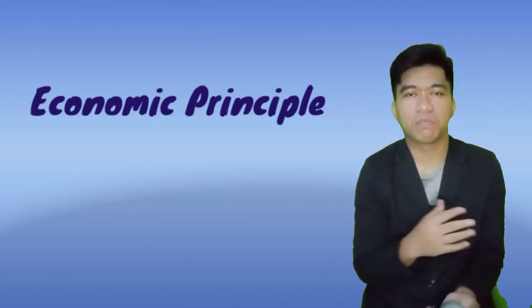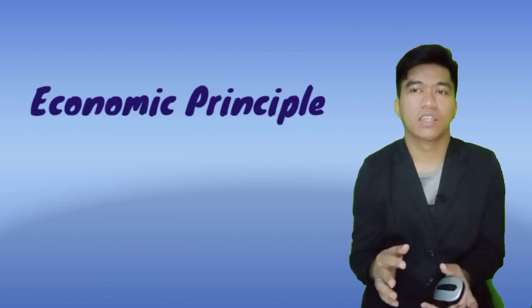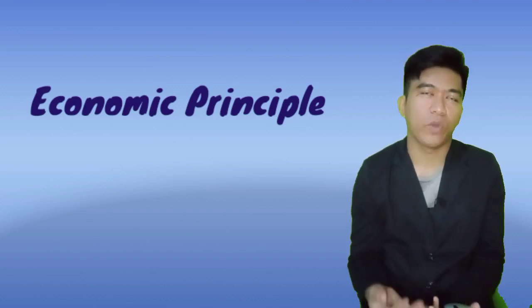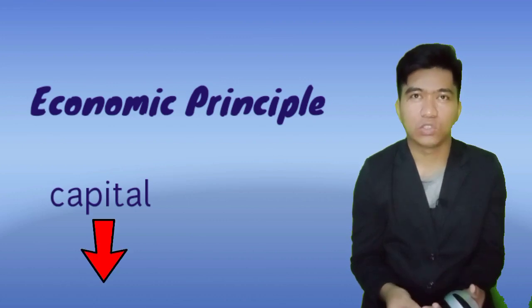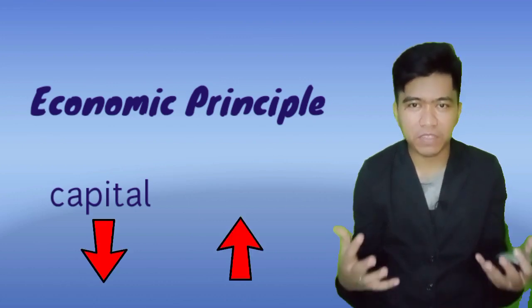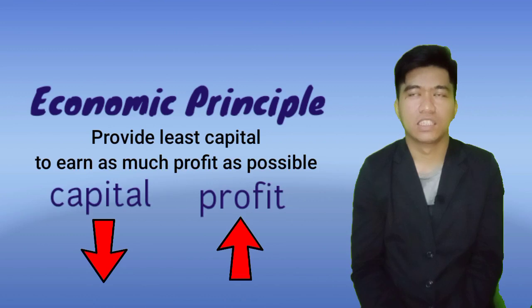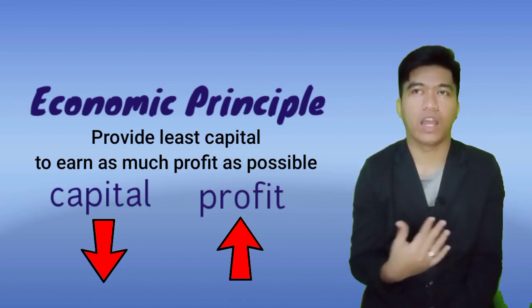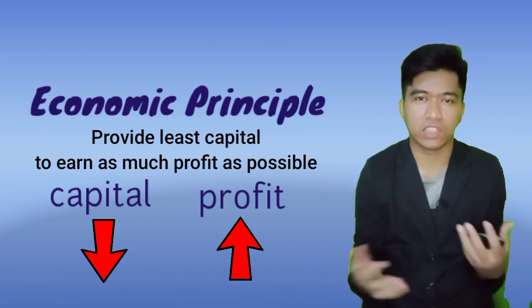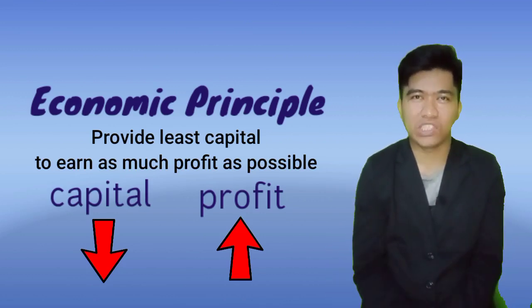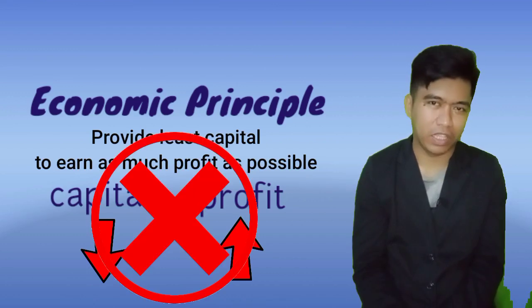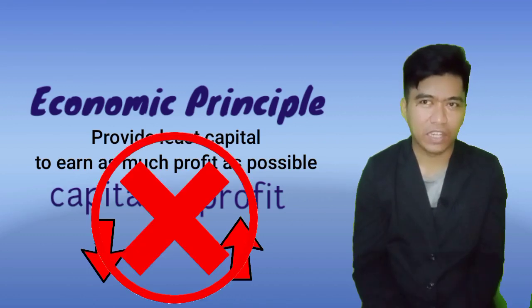Some old conventional understanding gives the principle that when people provide the least capital and resource to earn the best and most profit possible is the economic principle, back when I was a child studying at school. Well, this was the old principle, which was interpreted wrongly by many people, and I want to get something straight here.